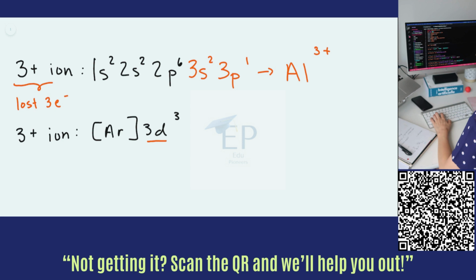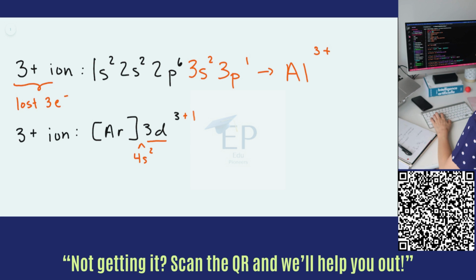So here, because it's saying 3d, that tells me that this element is located on the 4th energy level. And because it's on the 4th energy level, that means that we'll be removing the 4s electrons before we take away those in the 3d, okay?